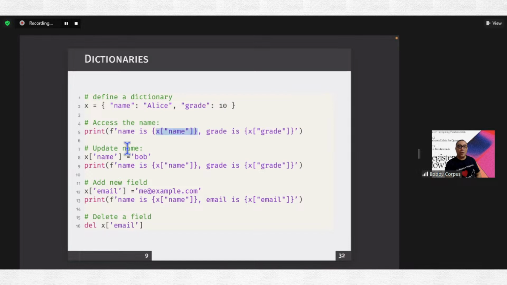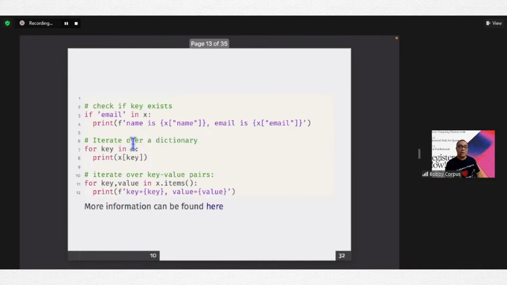Okay, so we have update, can add a new field, can delete a field also. Dictionary, and then you can check if a field exists before doing anything. And these are the standard operations, no? Iterate over a dictionary or iterate over a key value pair for further processing.